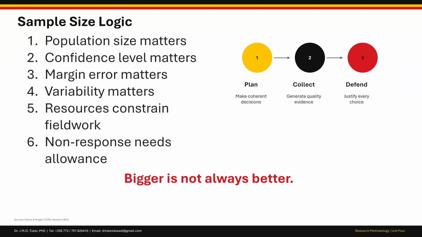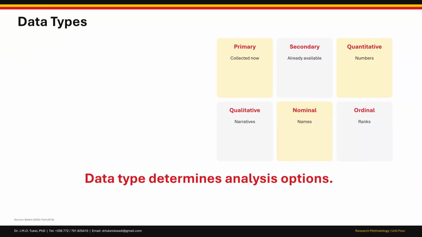So colleagues, now let's look at the sampling strategies and data types. Ladies and gentlemen, sampling strategy must match the research purpose. Quantitative studies commonly use probability sampling, while qualitative studies often use purposive sampling.